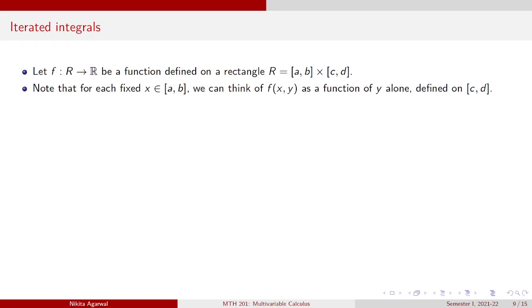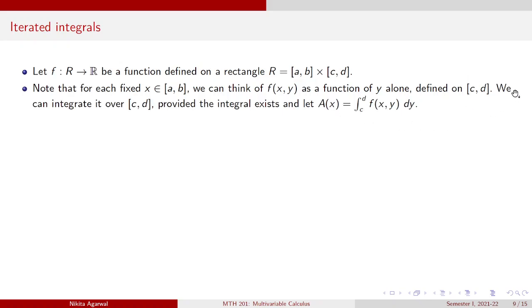Now let us fix x. So f is a function of two variables x and y. You fix x in the interval [a,b] and you vary y. So when I look at the function f(x,y) where x is fixed, I can think of it as a function of y alone, which is defined over the interval [c,d].